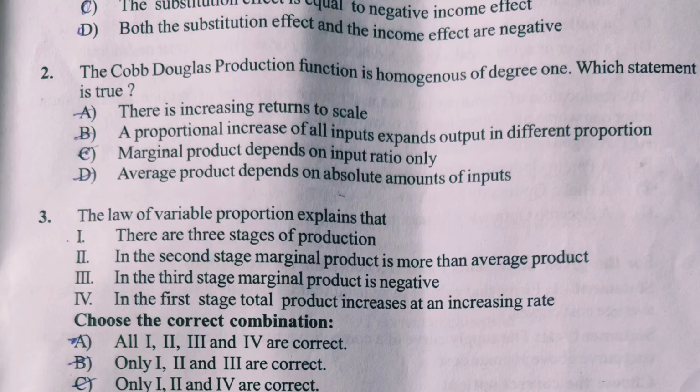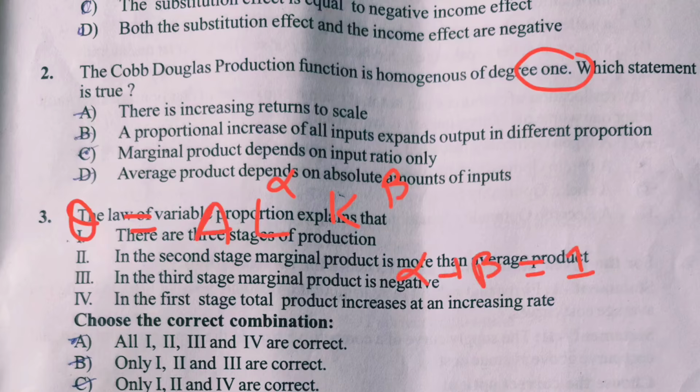Okay, so let us see what the Cobb-Douglas production function is. Basically, output is a function of labor L to the power alpha, K to the power beta. Since we are told it is homogeneous of degree 1, that means the sum of alpha plus beta is equal to 1. So when we have a homogeneous Cobb-Douglas production function of degree 1, we get constant returns to scale.